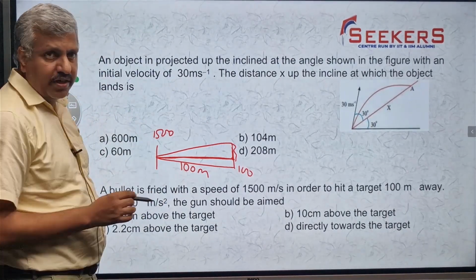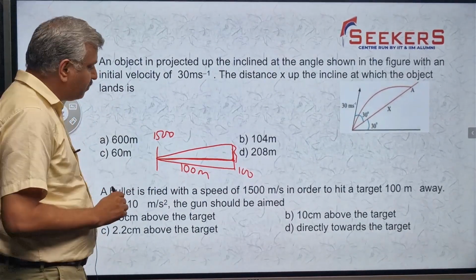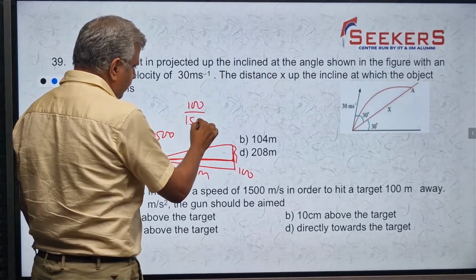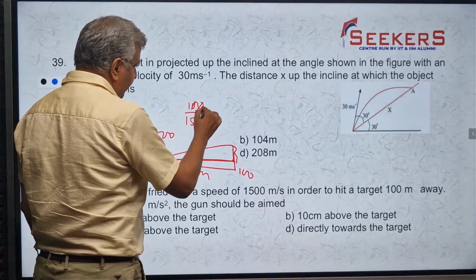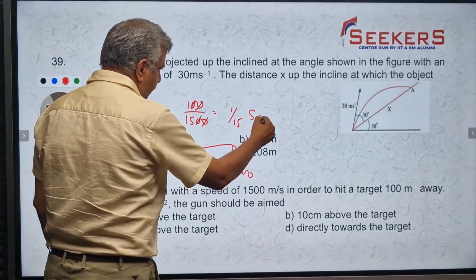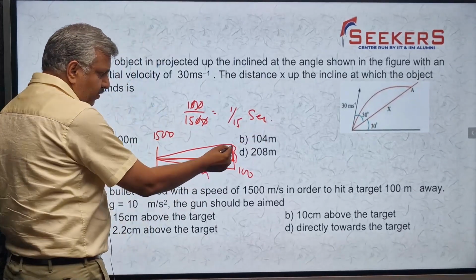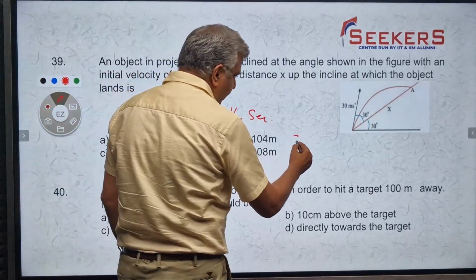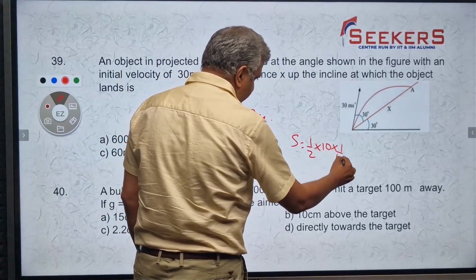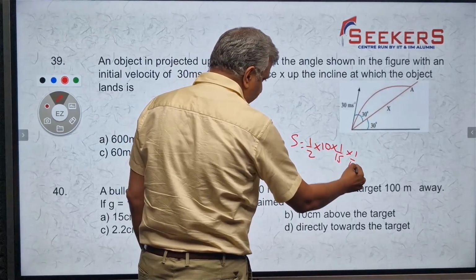He should fire it this way such that because of gravity when it comes down it will hit the target. So for any projectile motion, remember the time of flight is the most important thing. So time of flight here will be 100 divided by 1500 seconds. So these will get cancelled, and it will be 1 by 15 seconds. Now in 1 by 15 seconds, what would be the drop because of gravity? S is equal to half into 10 into t squared, 1 by 15 into 1 by 15.